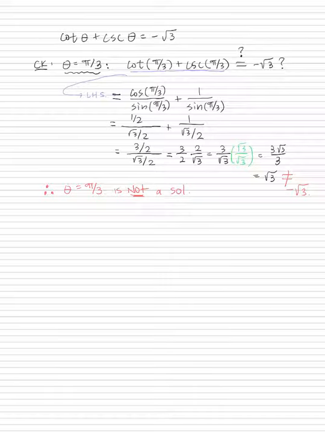Let's check when theta is, which one was it? 5 pi over 3. Okay, we're going to do the same thing. Our left-hand side, I'm going to take the left-hand side.